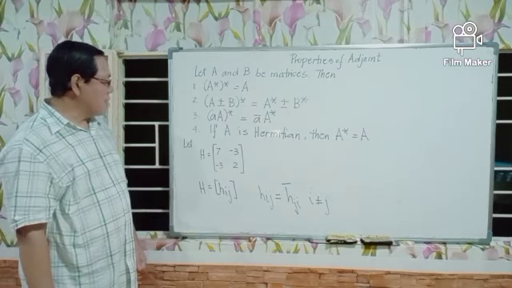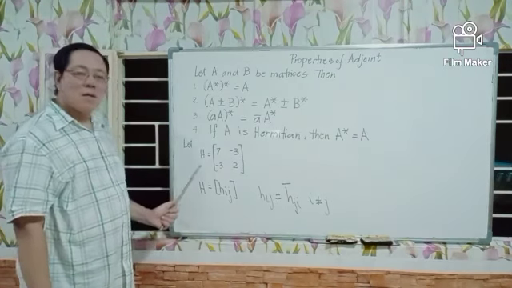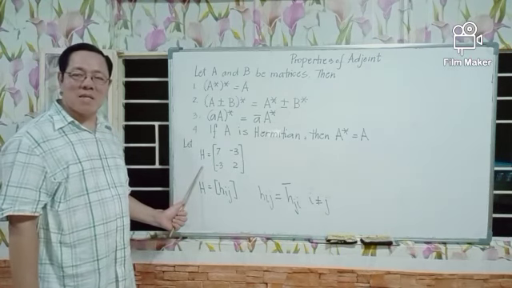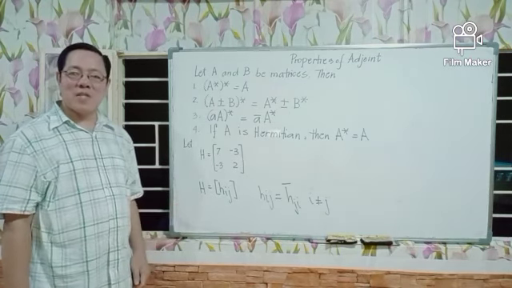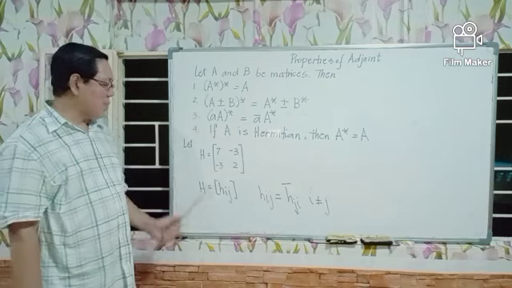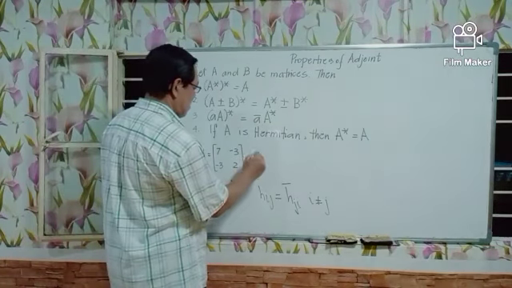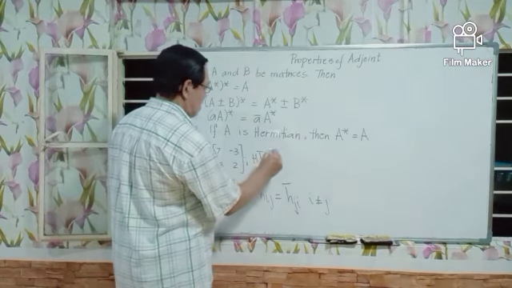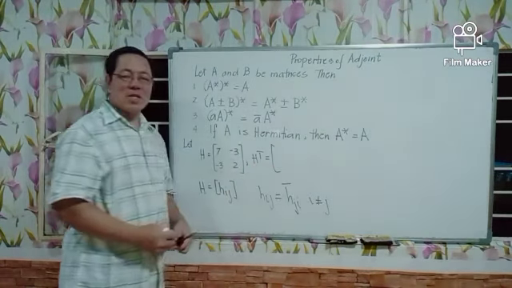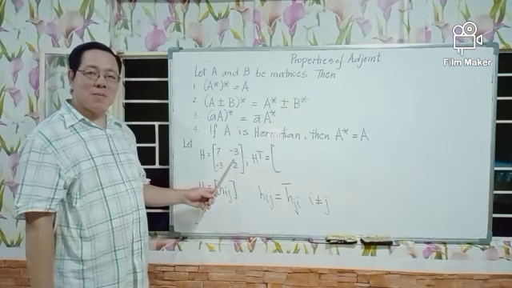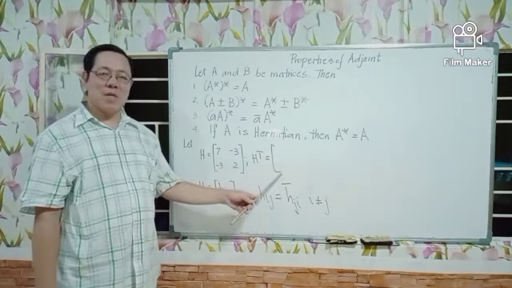Now we find the adjoint of this Hermitian matrix H. The first step is to get the transpose of the given matrix. The transpose is obtained by writing the rows of the given matrix as columns of the transpose.